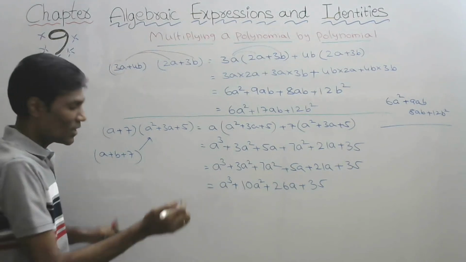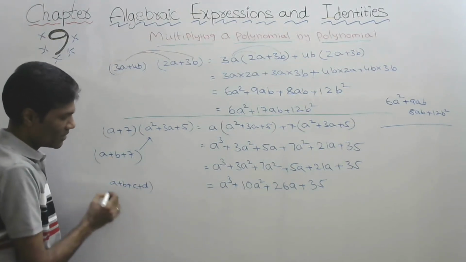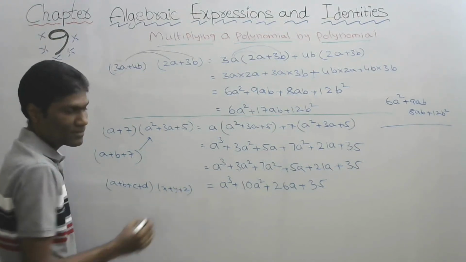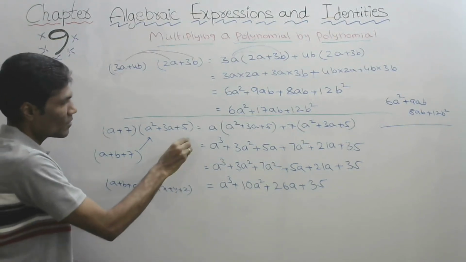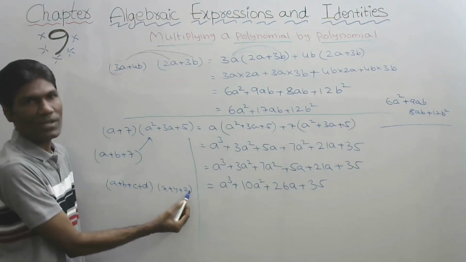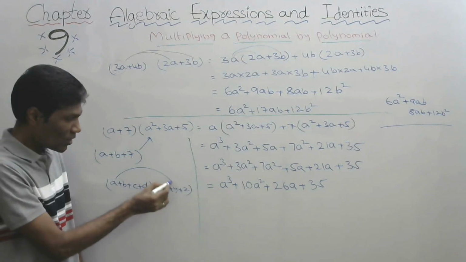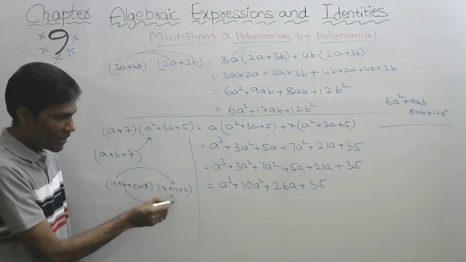Same process. If we have a plus b plus c plus d into x plus y plus z, a big one, what we are going to do? A into x plus y plus z. Like this we will be writing. Then b into complete this one.